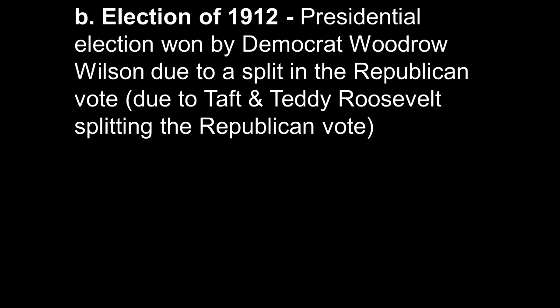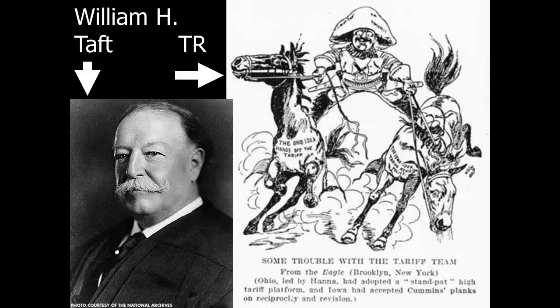All right, so Woodrow Wilson eventually wins this election, but he only won because of the split in the Republican vote, because Taft and Teddy Roosevelt split their Republican Party between the Republican and the Bull Mooses. And here's a quick cartoon of what's going on. You have Teddy Roosevelt kind of straddling these two horses, and he's basically splitting up this party, and people didn't like him for it, but people also loved him for it.